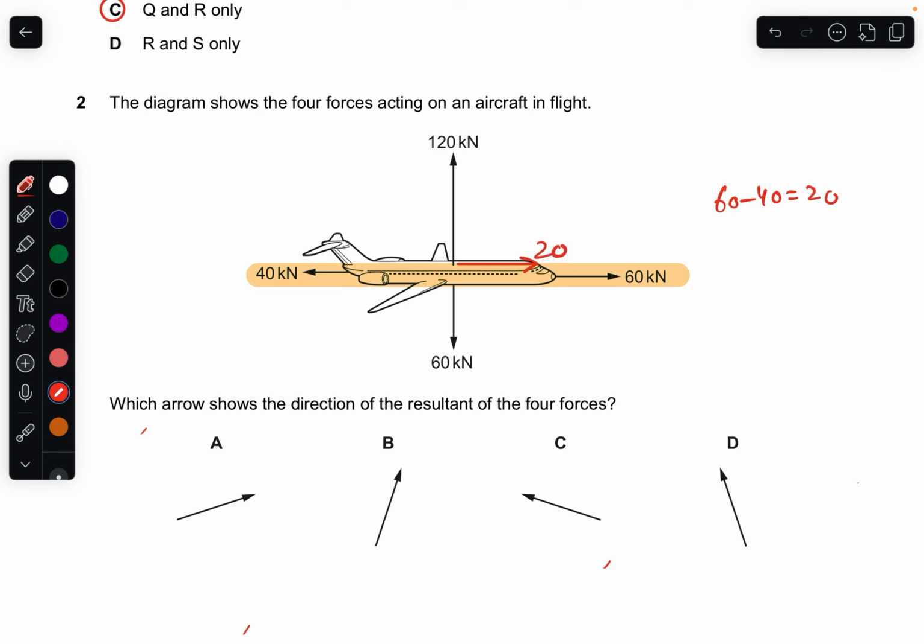And when we solve these two, they're also opposites. 120 minus 60 will give you 60, so that will be in the direction of the greater force. So now you have two forces, 60 and 20. The resultant will be somewhere between them, and it will be more towards the greater force, that is 60. So it should be somewhere at this point. So it's option B.